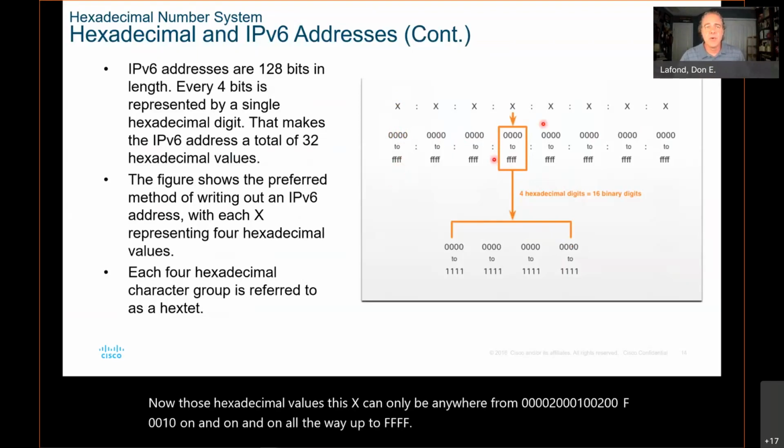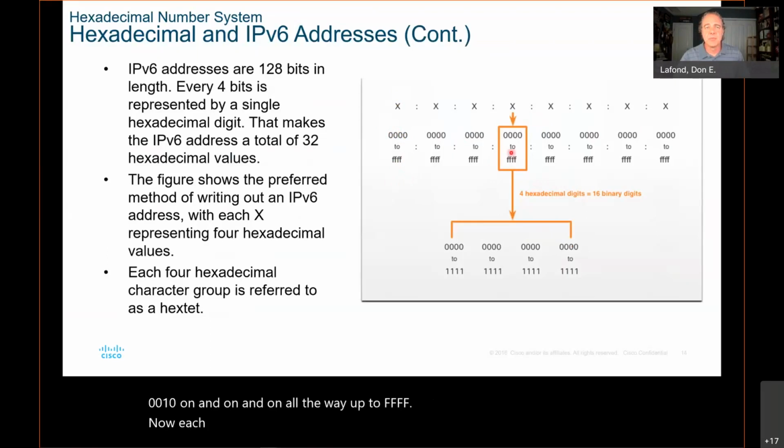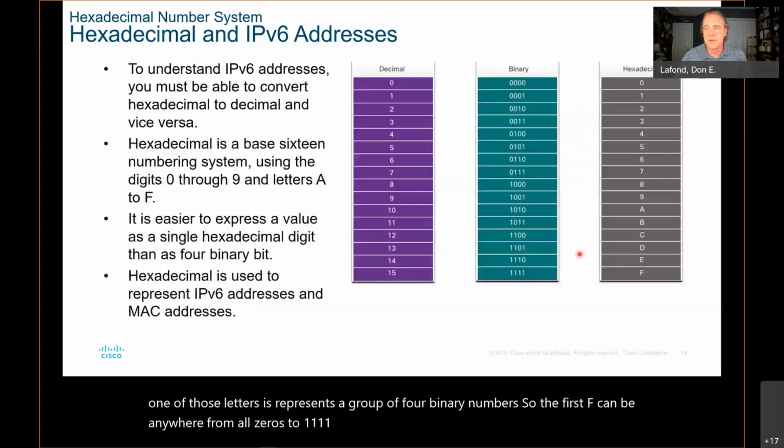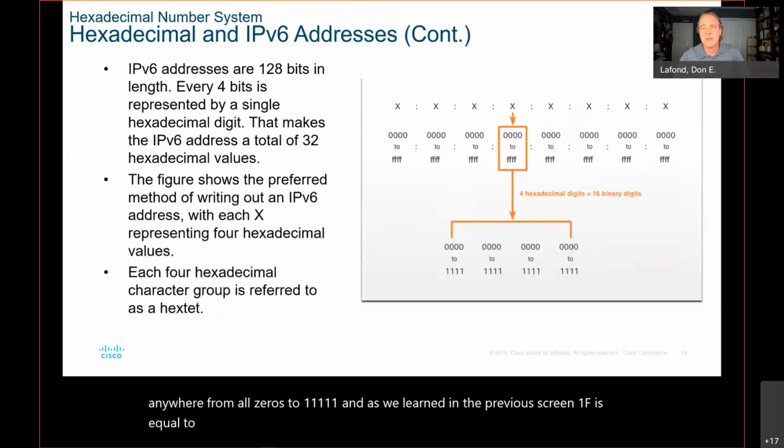Now, each 4 hexadecimal character group is referred to as a hextet. And then each one of those letters represents a group of 4 binary numbers. So the first F can be anywhere from all zeros to 1111. And as we learned in the previous screen, F is equal to 1111. So then you need the second F and the third F and the fourth F.